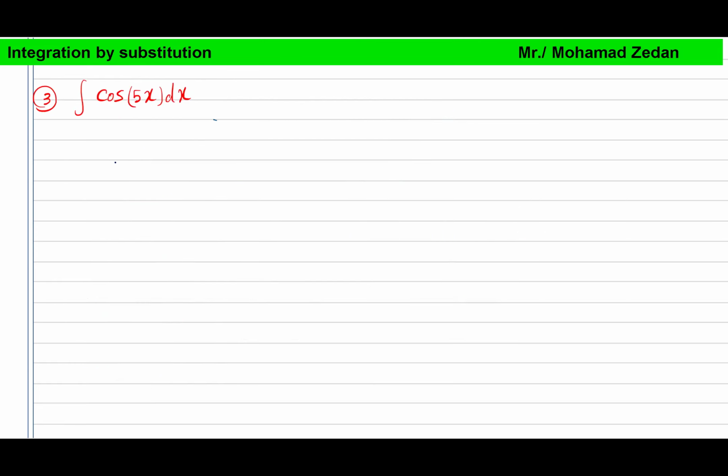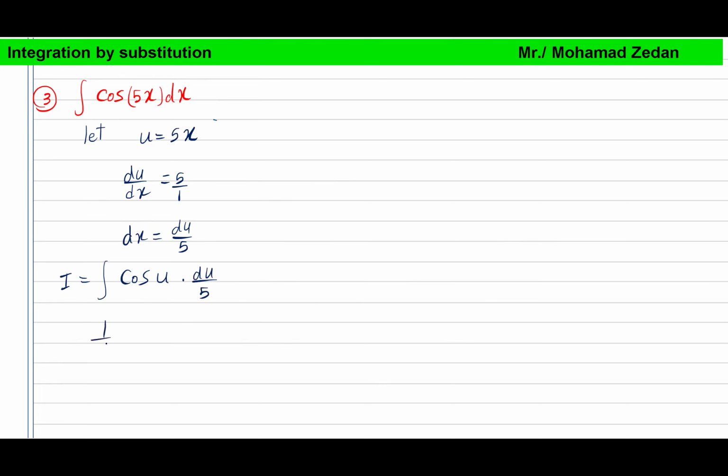Question number 3. Integral of cosine 5x dx. Let u equals 5x. So du by dx is equal to 5. So the dx is equal to du over 5. Go to the integral now. The integral equals cosine u dot the dx, which is now du over 5.